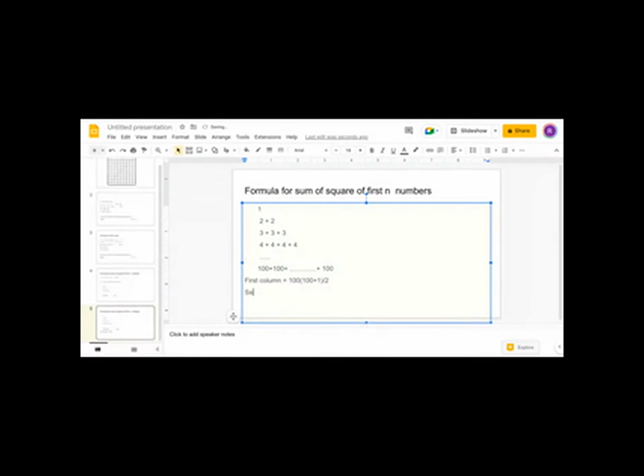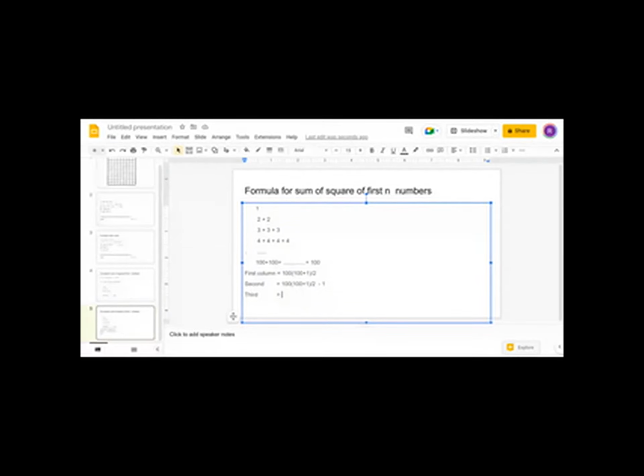The second column is the same thing but minus 1. This is the general formula for every column. The third column is the same thing minus 2.